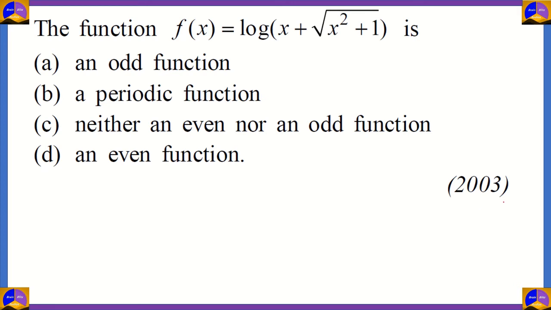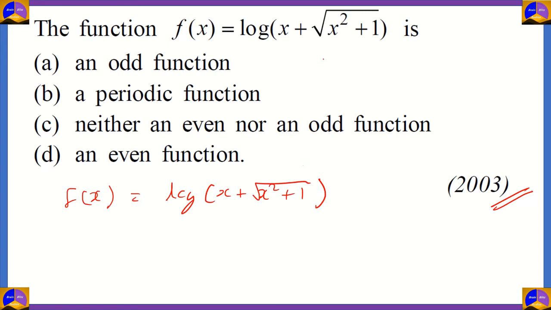So this question was asked in 2003, and in order to solve this, we will use the value of minus x for the function. So f of x can be written down as log of x plus root of x squared plus 1.